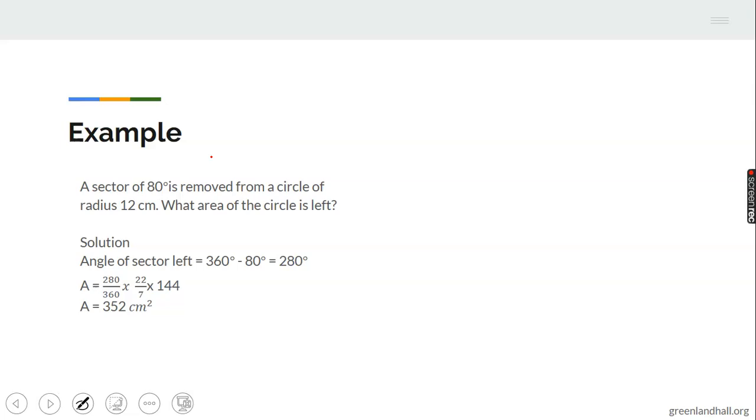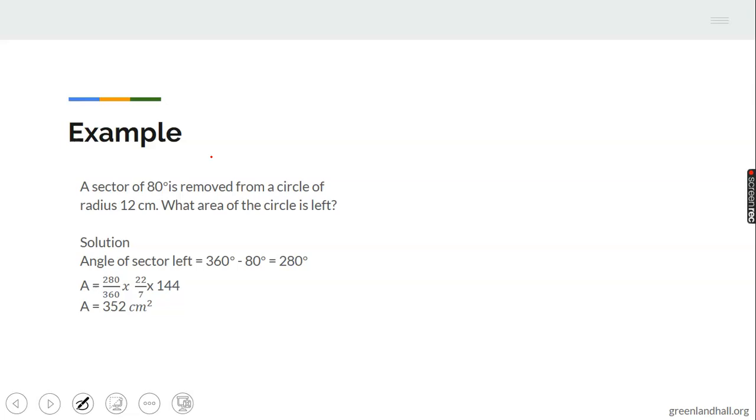Example. A sector of 80 degrees is removed from a circle of radius 12. What area of the circle is left? We are interested in the leftover when you remove 80 degrees of that sector.